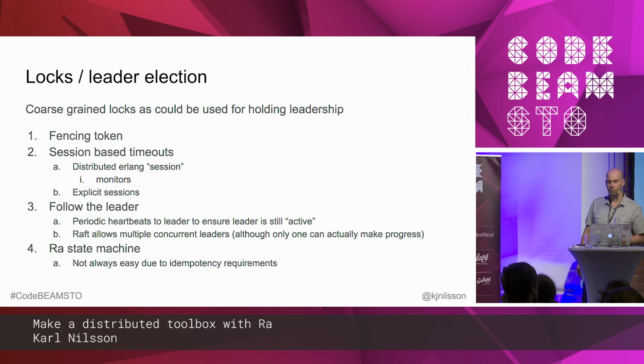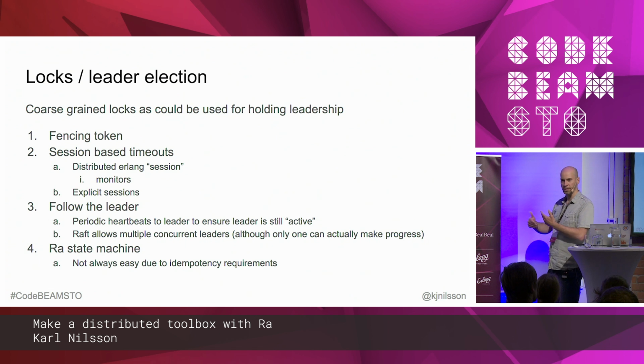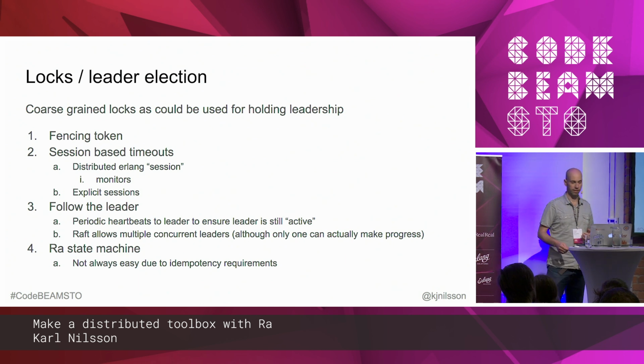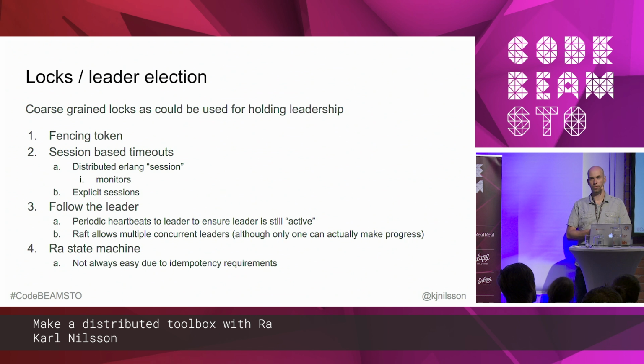We are just going to use distributed Erlang sessions, or a combination of monitors, well, pretty much just monitors and timers, in order to maintain a session. But it's roughly the same thing as doing an explicit heartbeating mechanism of your own. And then there's a couple of approaches I will only mention, which are more leader election type of things that you can try out with Ra.